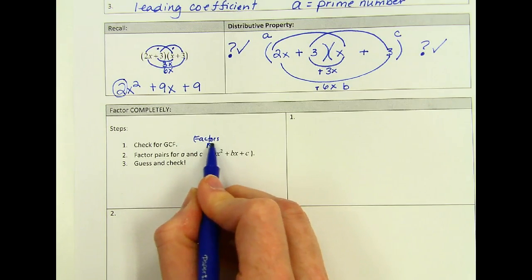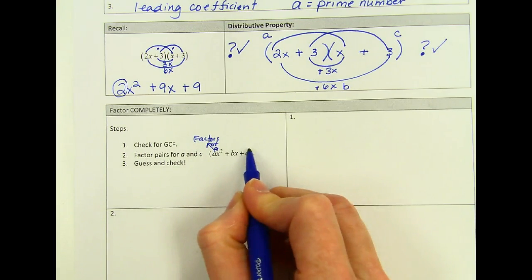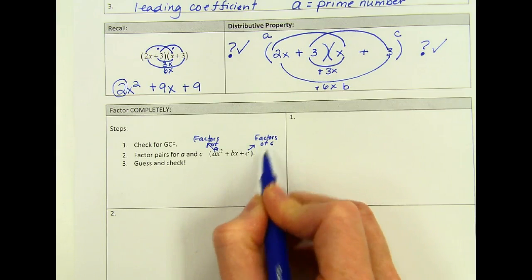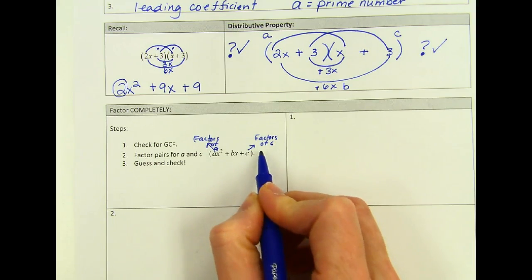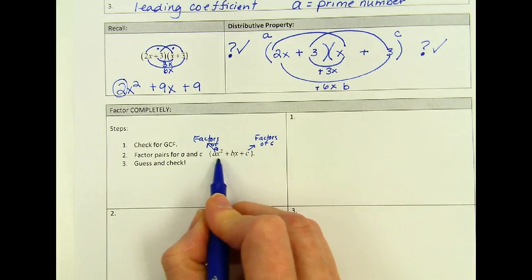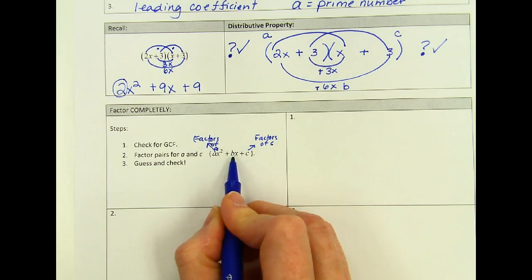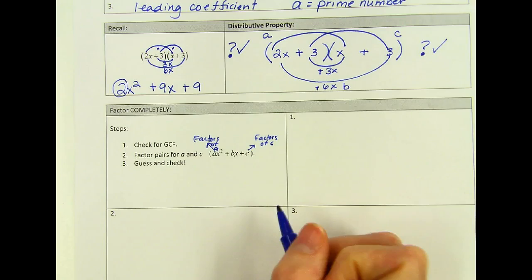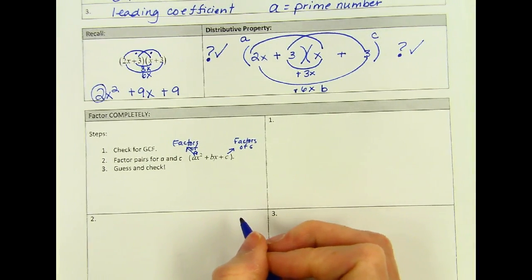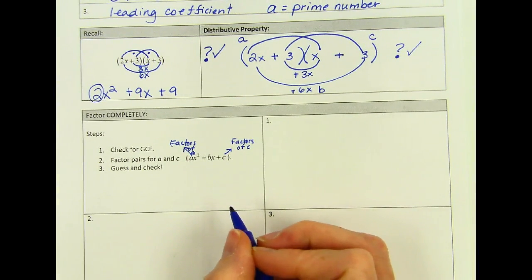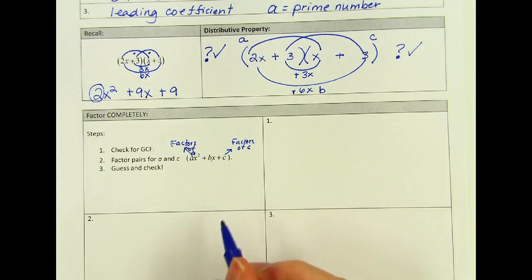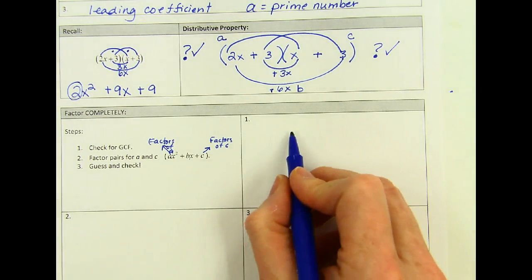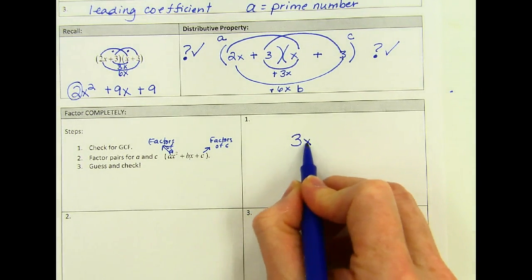So you're going to do factors of A. Here, you're going to do factors of C. And then you guess and check, guess and check, guess and check to get this guy right here to work. So it's a process, and you just have to do it over and over, and you will get good at it. But in the beginning, you may get a little frustrated because it does take a lot of guessing and checking. So now, I would like for you to go ahead and write this problem down in box 1.